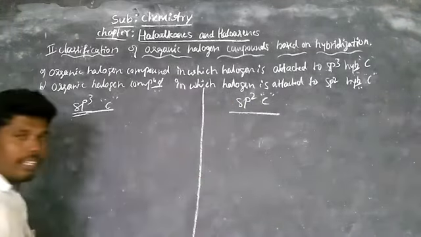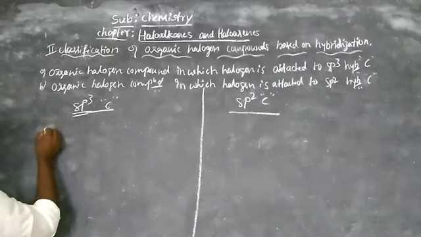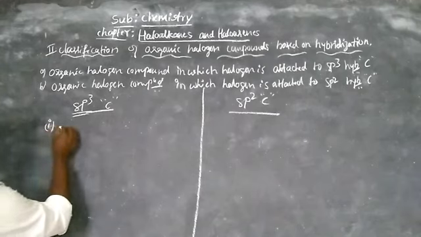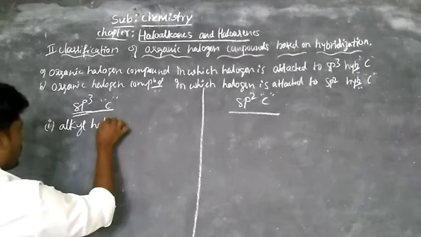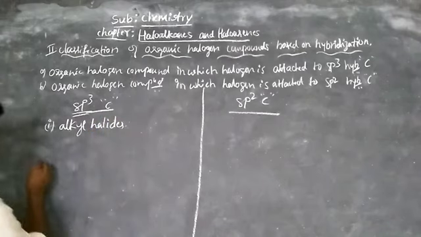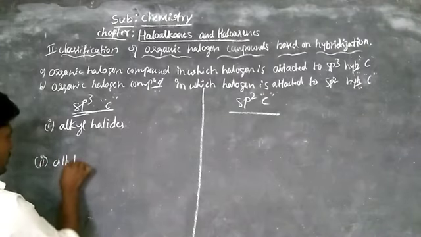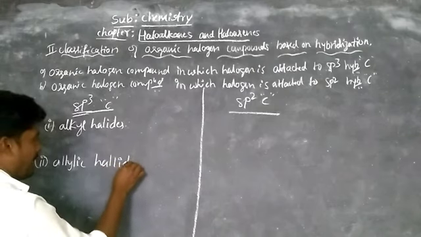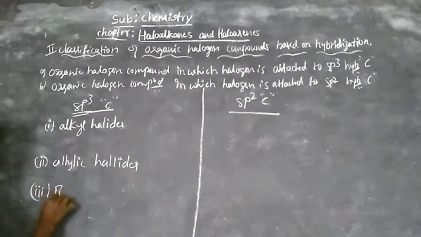Now again in sp3 hybridized carbon there are three sub classifications. Let's take one, that is alkyl halides. The second one is allylic halides. And the third one is benzylic halides.